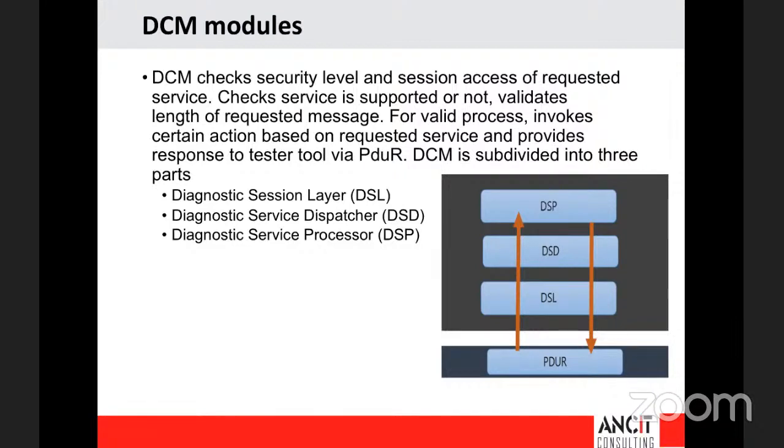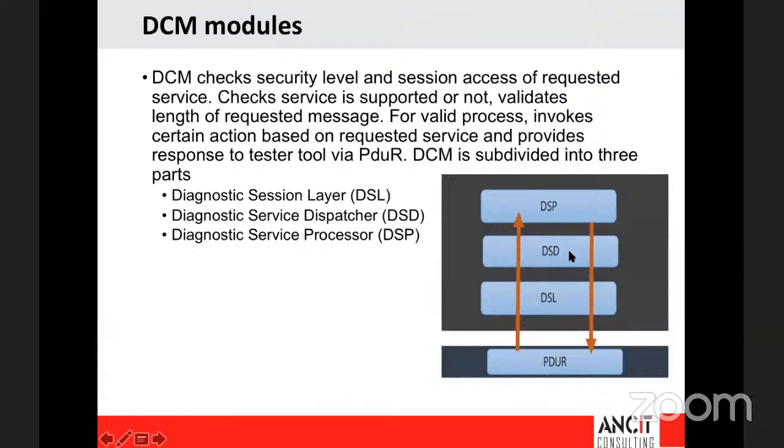For our instance, I have given 0x13. As it runs sequentially, it comes to an NRC which says that this ID is not available, it's not a valid service ID. Then the DSD module will respond with a negative response code. That is the objective of the DSD module.